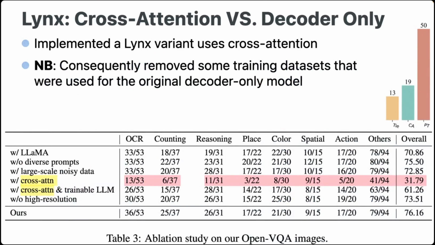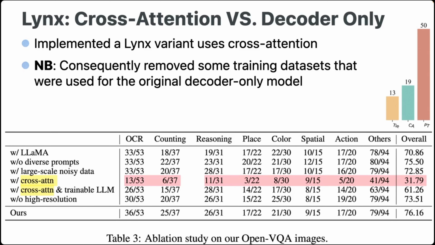On the right-hand side is the human evaluation. You can see CA is the cross-attention, and PT is the decoder-only architecture. Here you can see the decoder-only architecture performs a lot better. But I think it's problematic in the sense that they are using different training data.